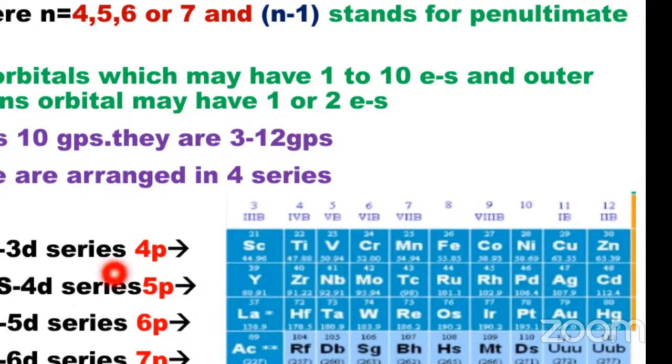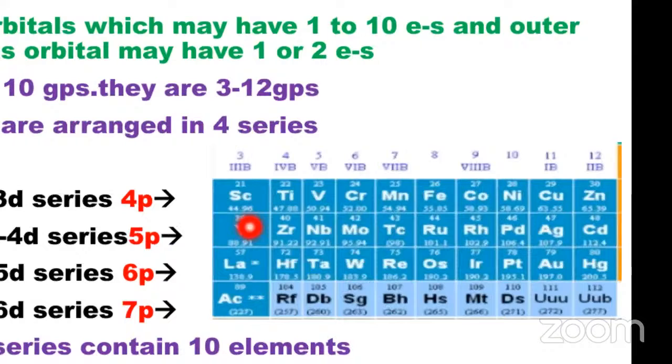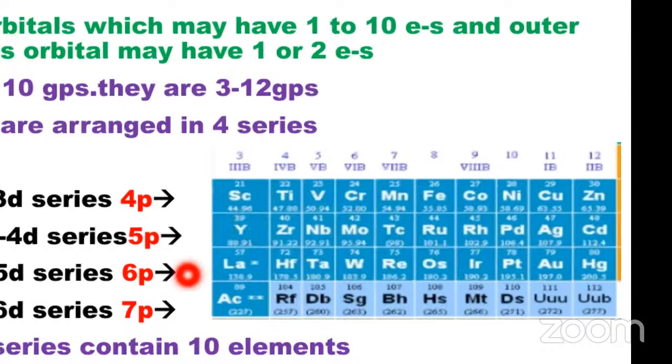Next goes the 5D series. It belongs to the 6th period. It starts from lanthanum, and after this lanthanum, the elements between lanthanum and hafnium belong to the F block, not the D block.